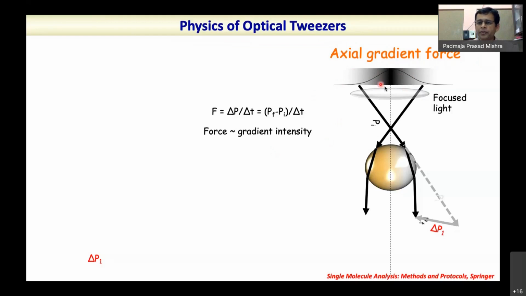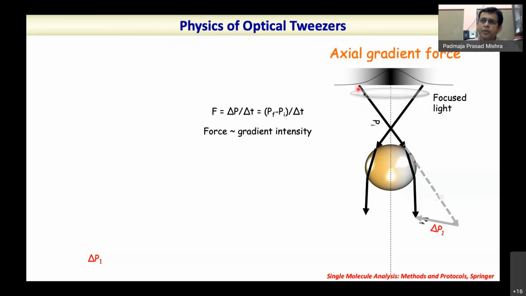So the center of the beam is more intense than the sides, and let's say we focus this radiation before the object. Let's consider this case particularly.